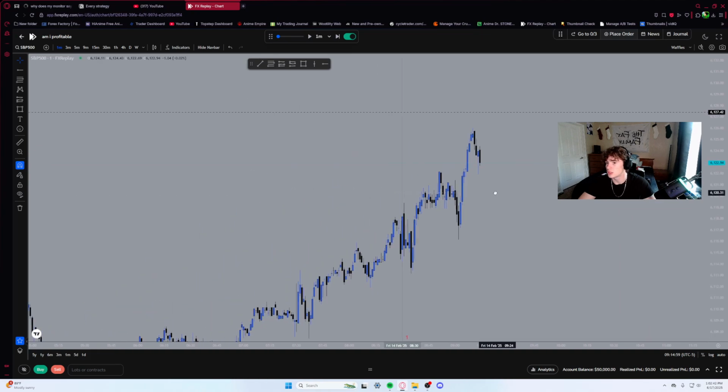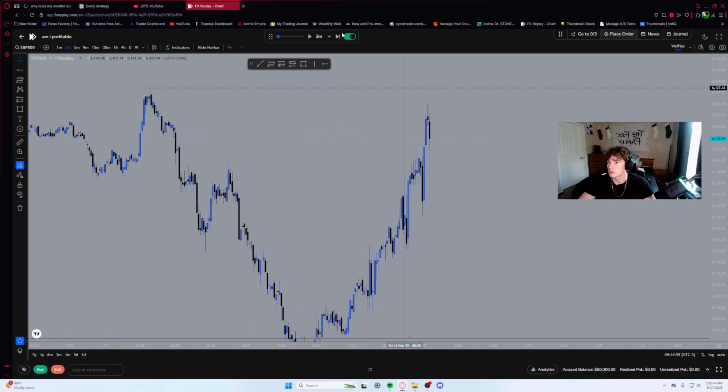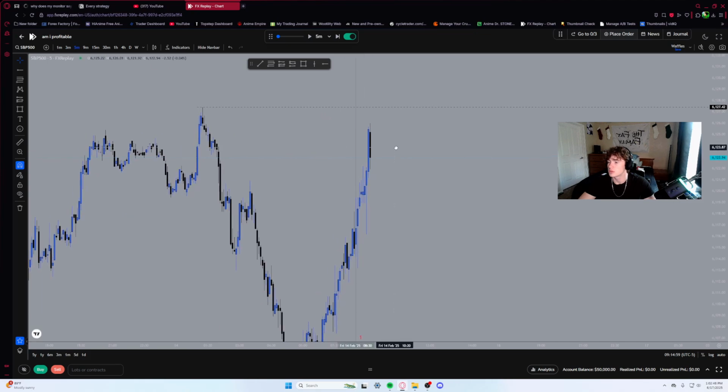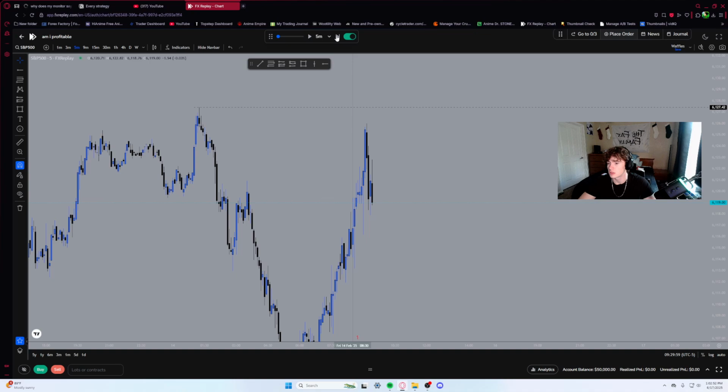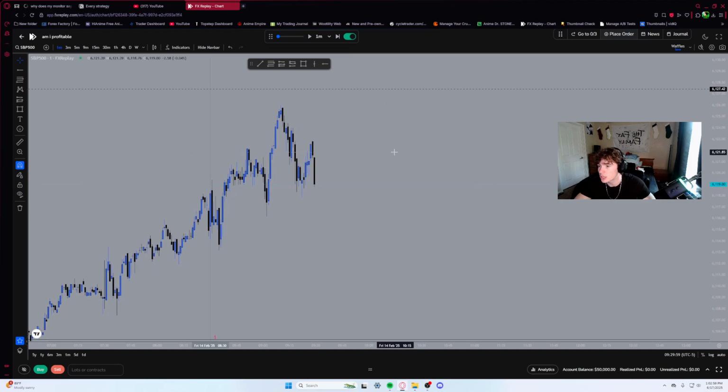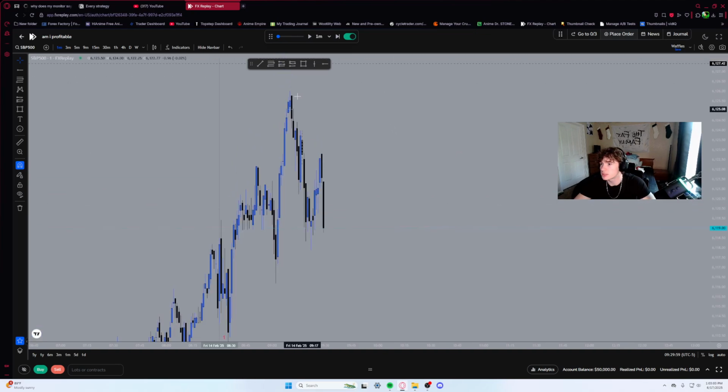Holy moly. So we still haven't hit it yet. Cool. We have an SMT. Nice. Let's go to the 1-minute. We're going to wait for a retracement. Let's go to NQ.